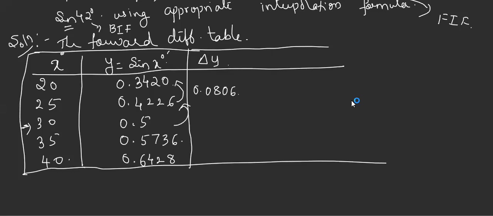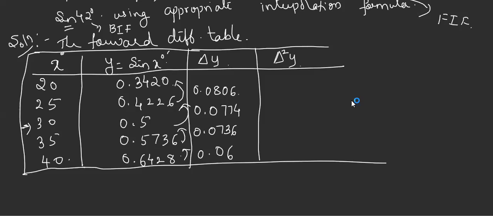Next, this minus this: 0.0774. This minus this, all zeros will be there, so 736 will remain. The last one: 0.0692.